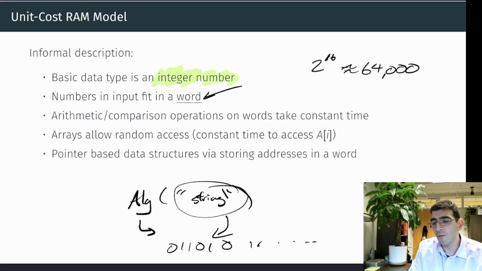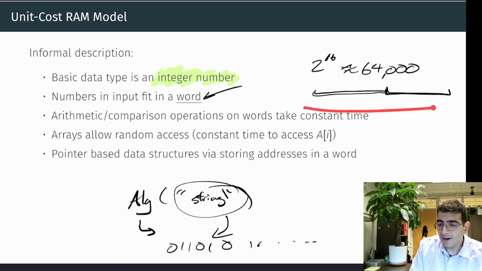But there are ways to work around it. Even back in the day, there were ways to work around the word limitation. Instead of one word, you could have every number consist of 2, 3, 4, 5 words, and pretty much get over that limitation, right?